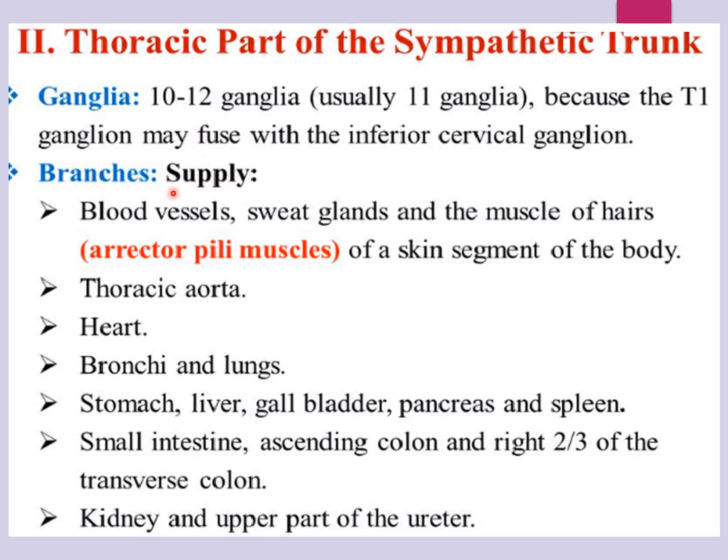Now branches from the thoracic part of the sympathetic trunk supply blood vessels, sweat glands, and muscle of hair, that is erector pilorum, of a skin segment of the body, thoracic aorta, heart, bronchi and lungs, stomach, liver, gallbladder, pancreas and spleen, small intestine, ascending colon and right two-thirds of the transverse colon, and kidney and upper part of the ureter. They are supplied by the thoracic part of the sympathetic trunk.